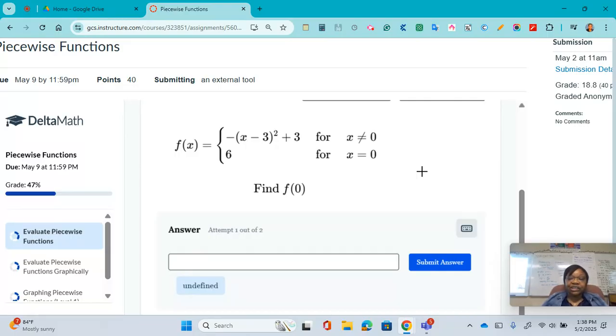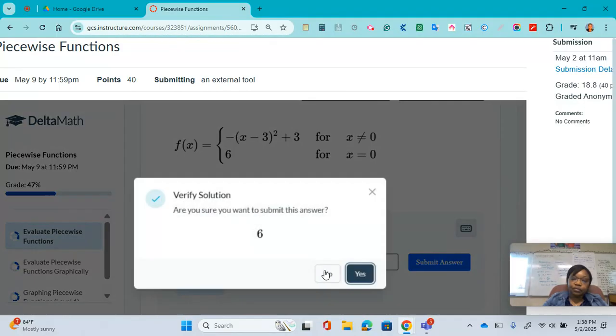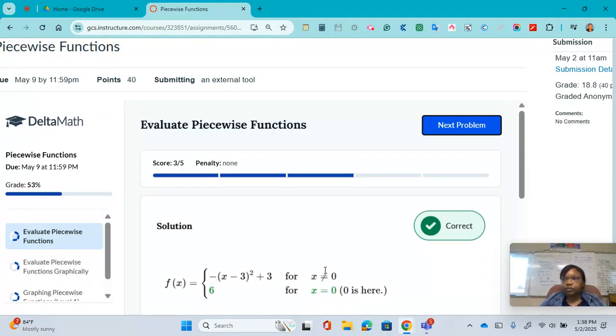The first restriction said if our x does not equal 0, we will use this equation. If our x equals 0, then the answer is 6. Our x is 0, so our answer is 6. Any questions on that one?